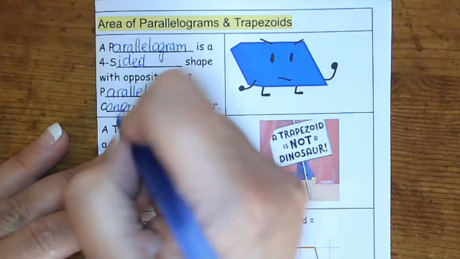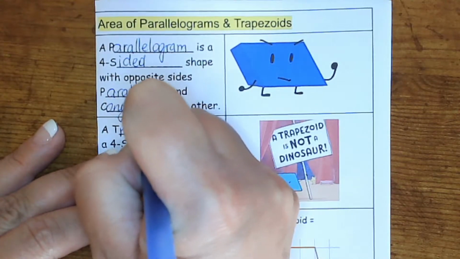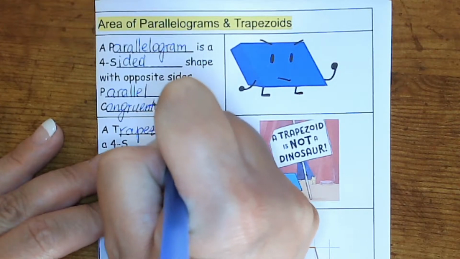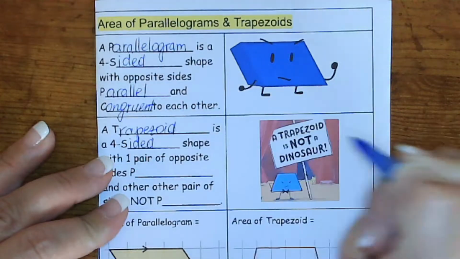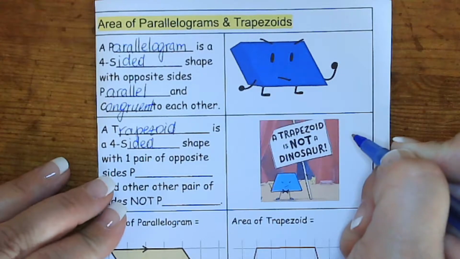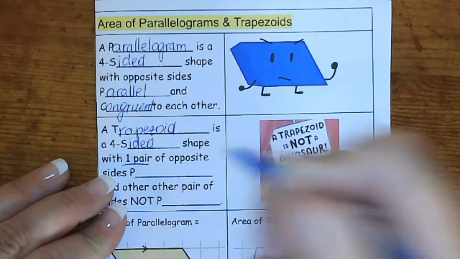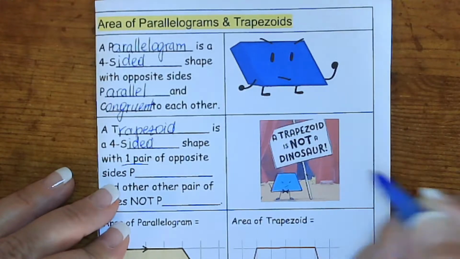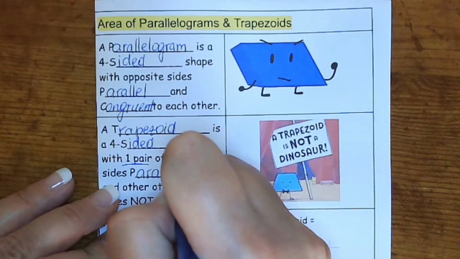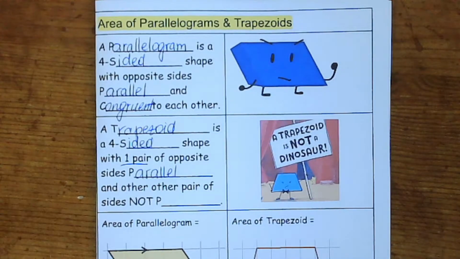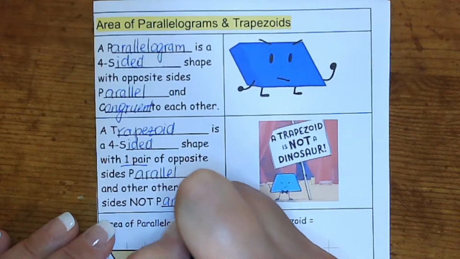A trapezoid is a four-sided figure or a four-sided shape with one pair of opposite sides parallel and the other pair is not parallel.